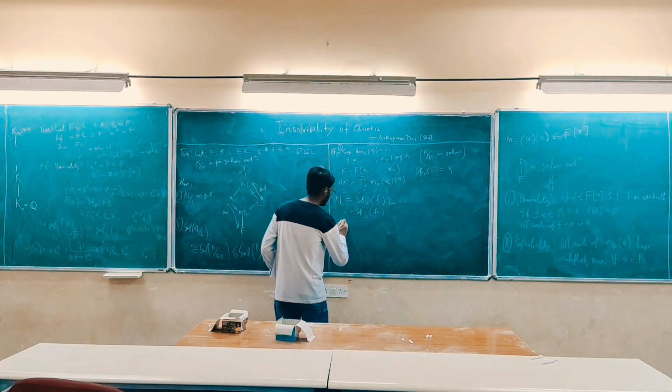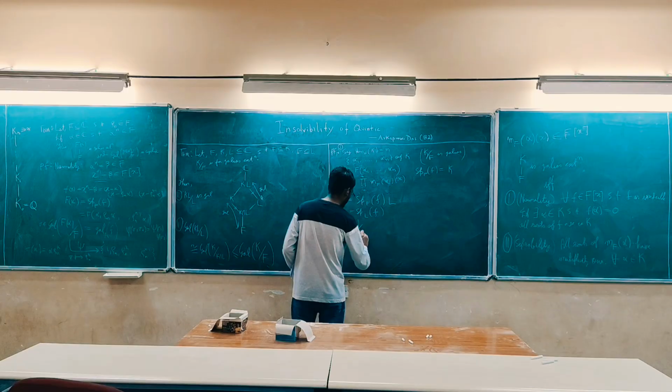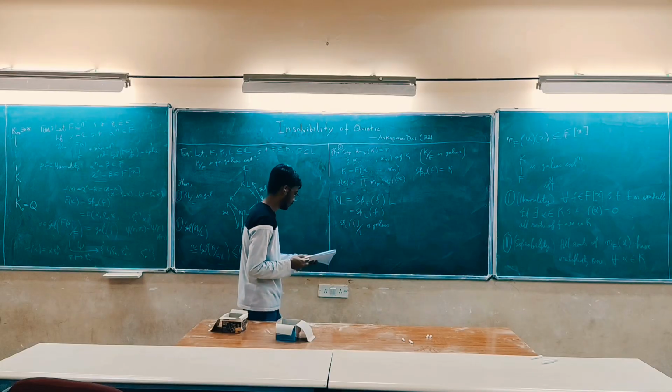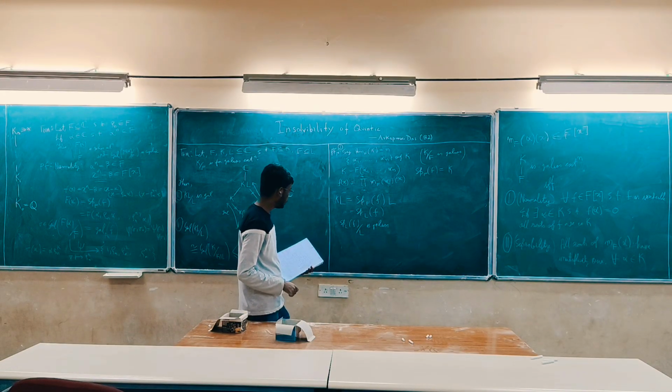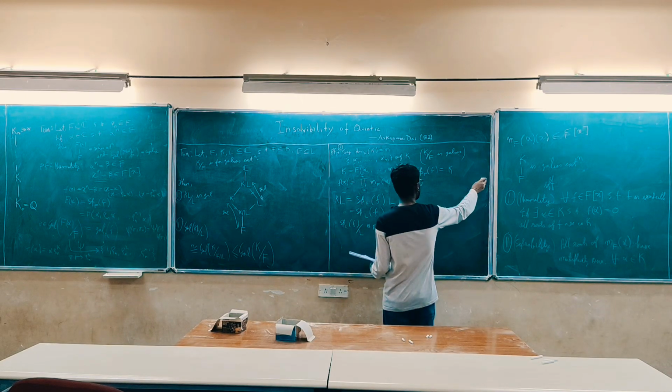We want to see that this extension is Galois. The way to do that would be to first check normality and then check separability. For normality, the proof is simple.